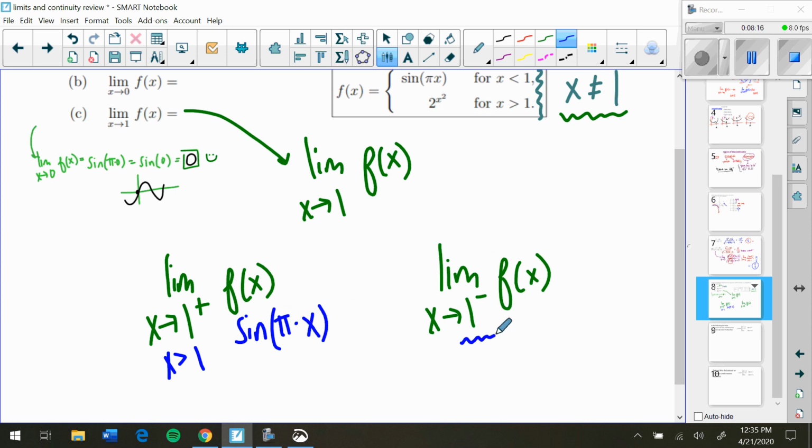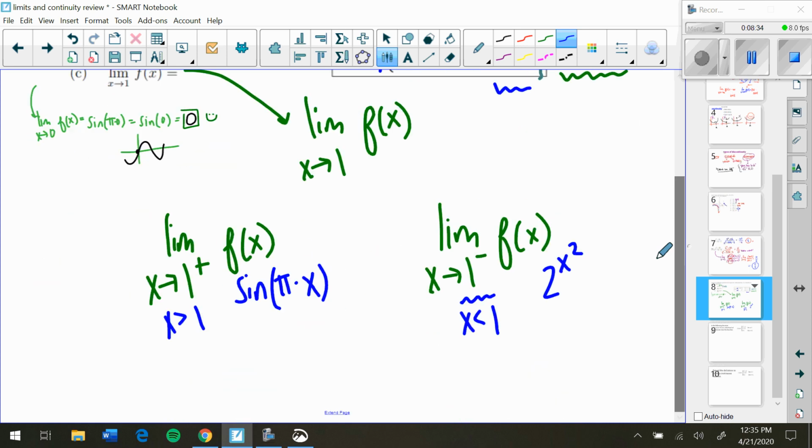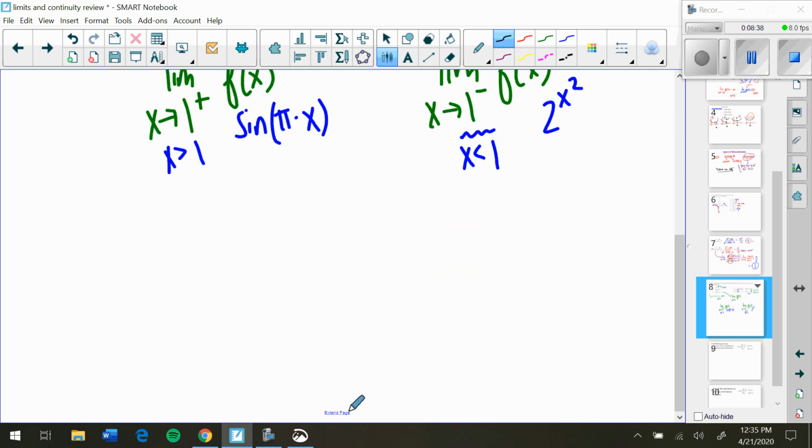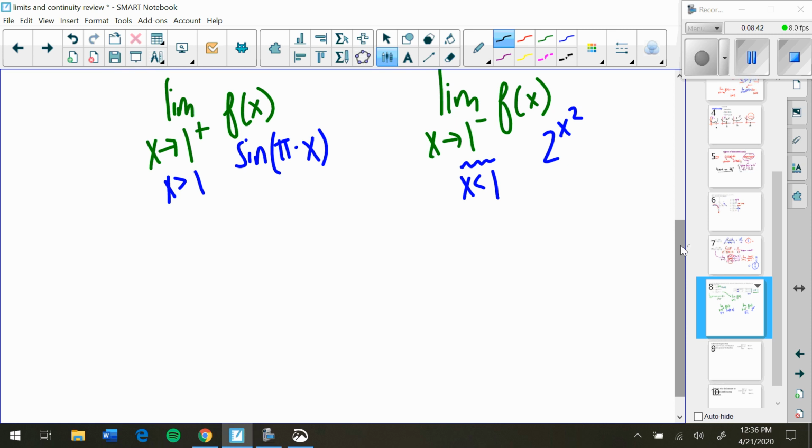Here, x is approaching 1 from the negative side, meaning x is less than 1. This is where we're going to use 2 to the x squared power. Again, because this function is defined as two different things depending on these values here. So let's evaluate both. Let me just extend the page a little.